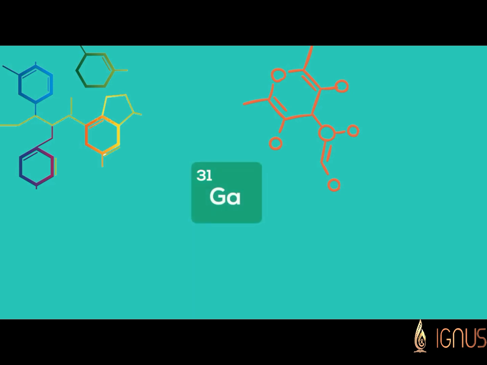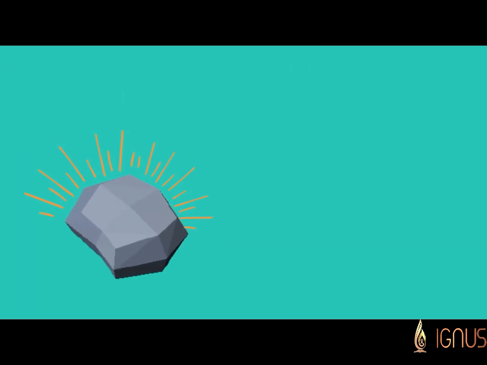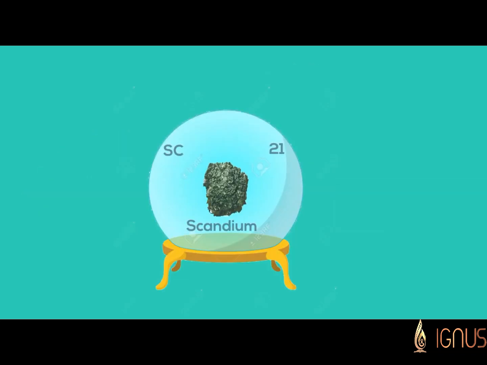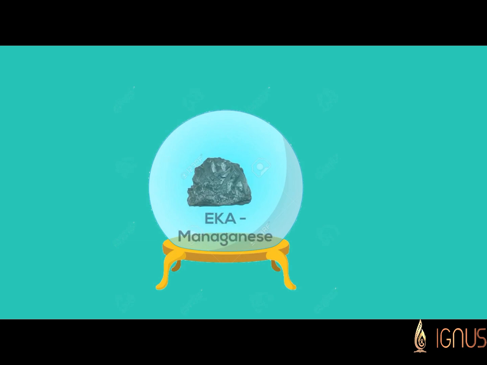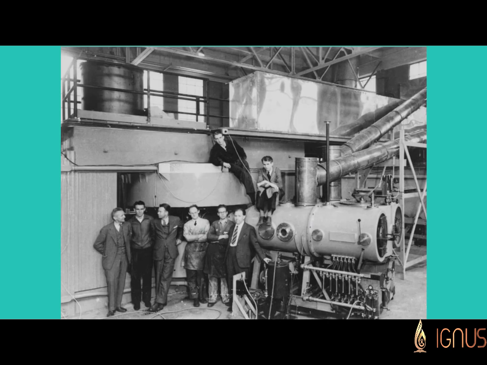Its mass was 69, it was a solid metal, and it had a low melting point. Similarly, germanium and scandium, discovered later, had properties exactly as predicted by Mendeleev. Even the properties of technetium, a very unstable element discovered much later, were also predicted correctly by Mendeleev.